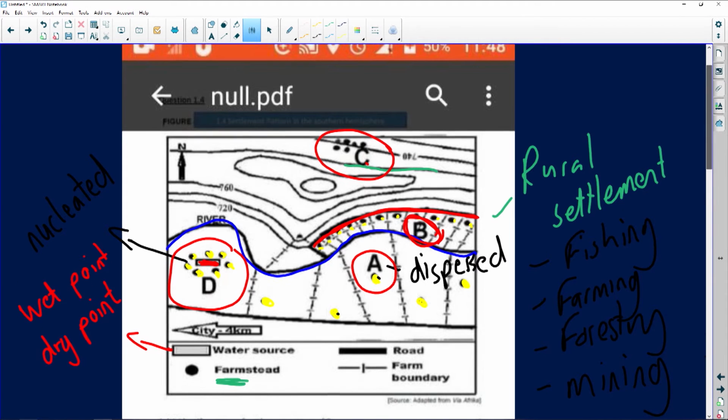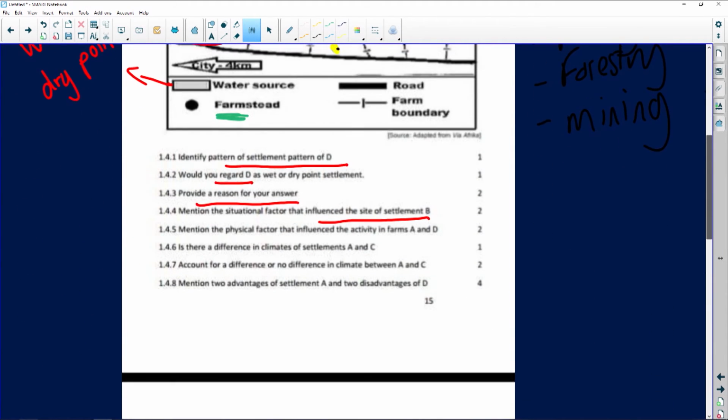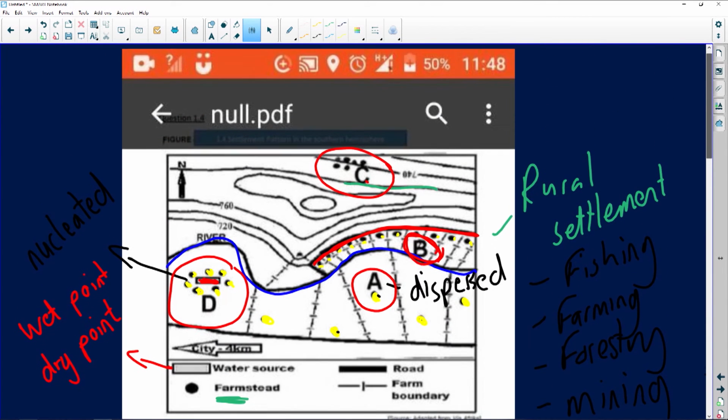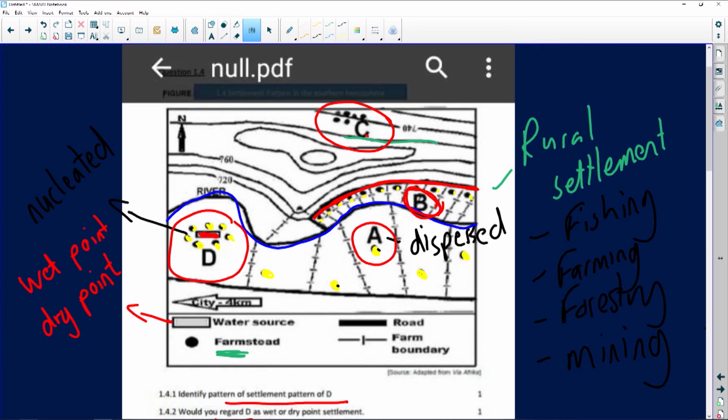If we go back to our questions quickly, mention the physical factor that influenced the activity in farms A and D. Now physical, let's just quickly go and have a look at physical. What's the physical factor for A and D? First of all, the physical factors, if you look at the topography, as you can see, the contour lines, there are no contour lines over here. So it's definitely a flat area.